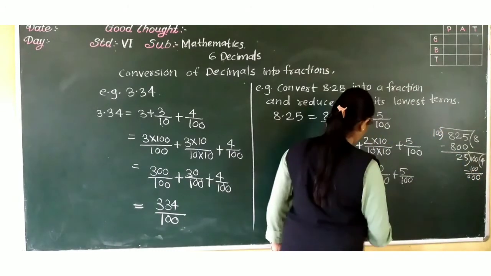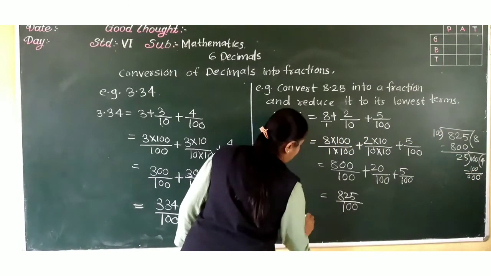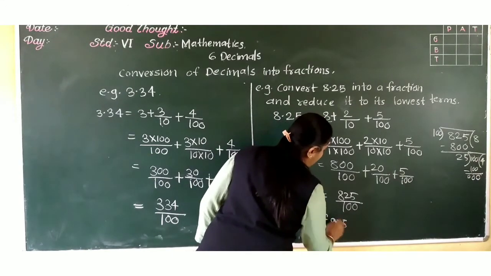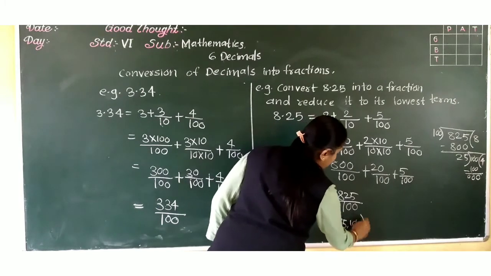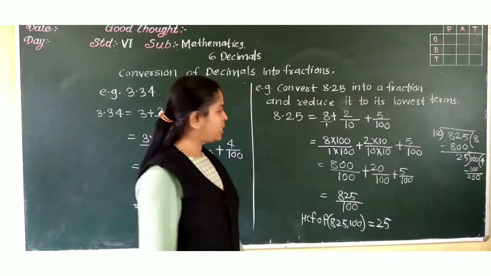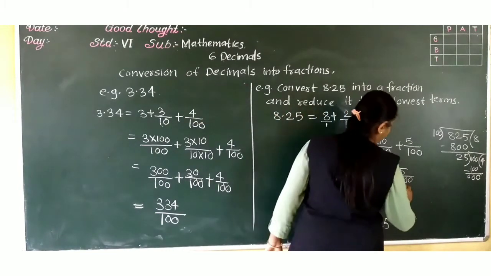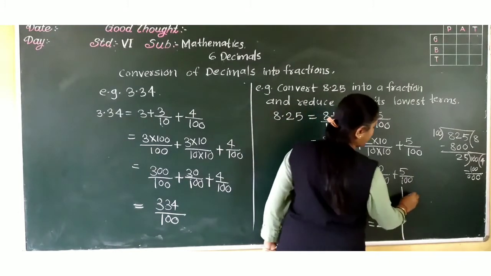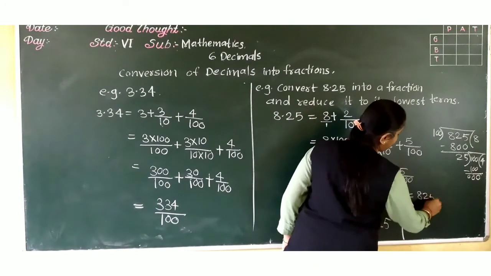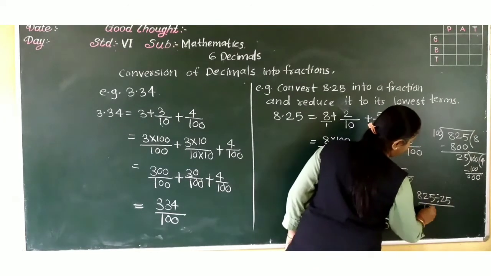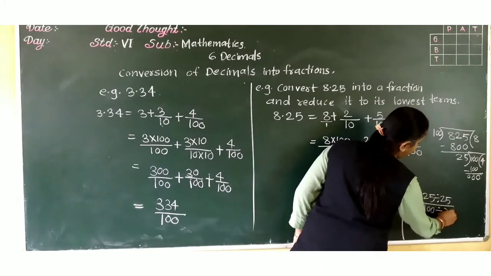Therefore, the HCF of 825 and 100 is equal to 25. Correct? That means we have to divide both these numbers, 825, by 25 and 100 also by 25.